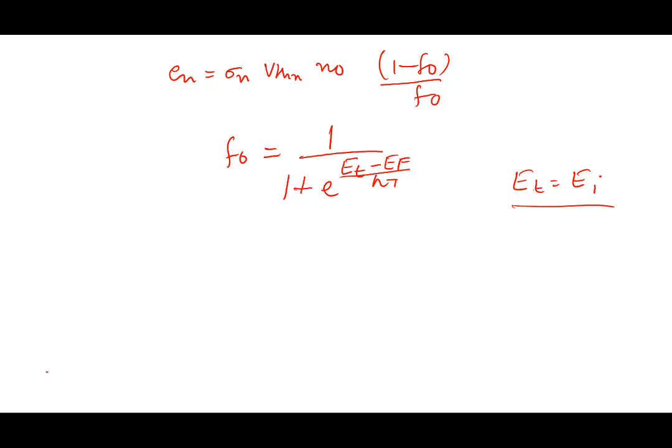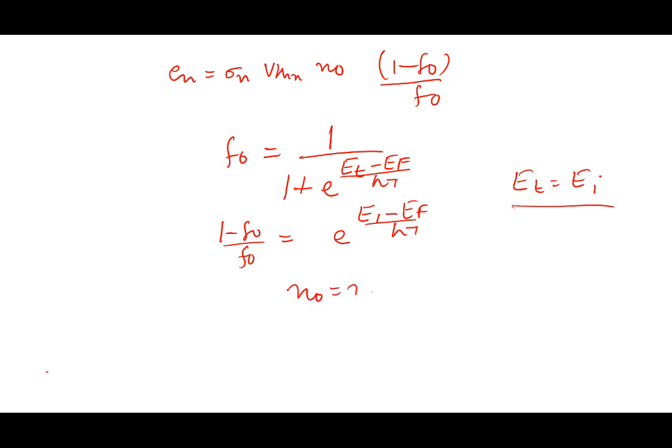So what is 1 minus F0 by F0? What will that give us? E to the power, ET is EI minus EF, right? By KT, correct? It will give us that. ET after substituting. What is N0 here?